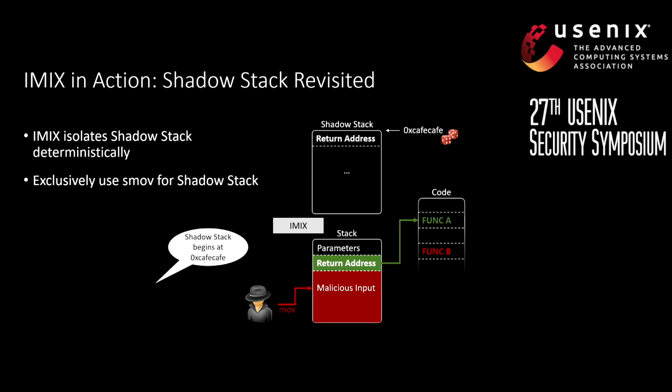So how does it look for our use case with the shadow stack? We still have the information leak. The attacker now knows where the shadow stack is located. But if the attacker tries to overwrite that return address in the backup, he only has access to a move instruction. For example, this could be a simple buffer overflow, which is usually a loop, and you just move all the data.